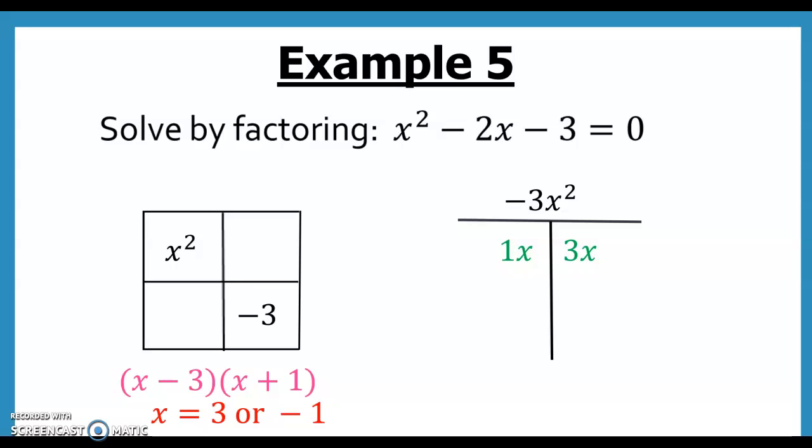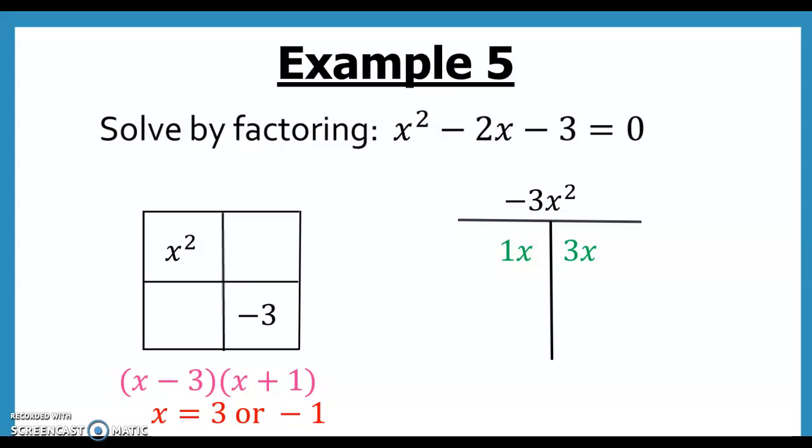So now what I have to do is pay attention to what is the value of that middle term, that negative 2x. Well, it's negative. So I need to figure out how can I make 1x and 3x equal negative 2x, either by adding them or subtracting them.